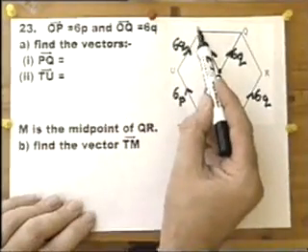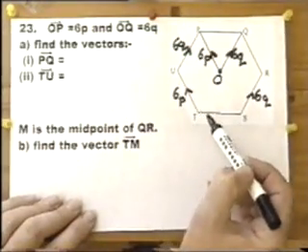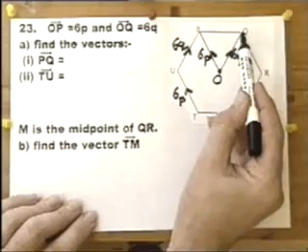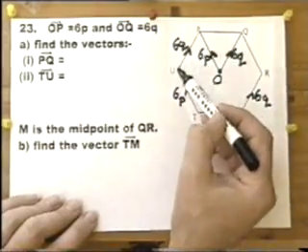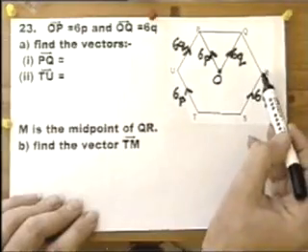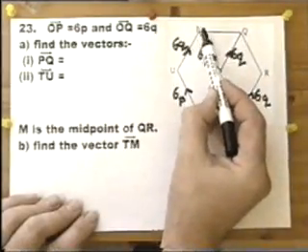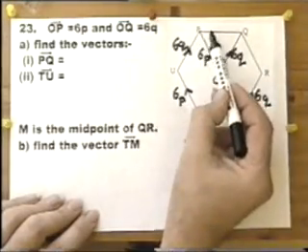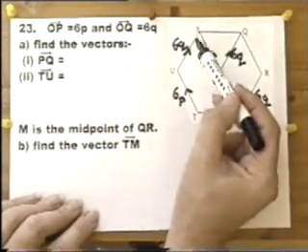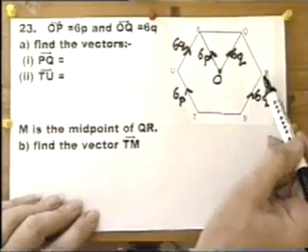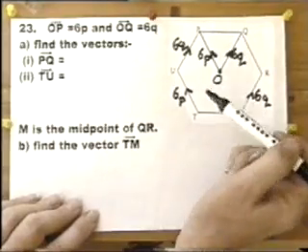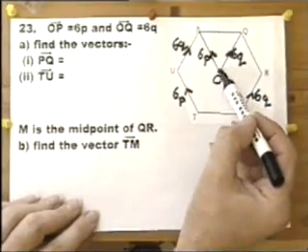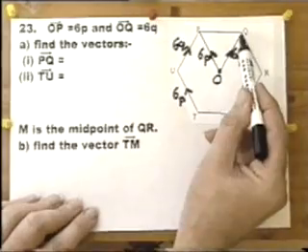You could start at P and go this way and end at Q. As far as vectors are concerned, going on this journey is the same as going from P straight to Q. As a vector equation, P to Q is the same as adding together a journey ending at Q. I don't want to go all the way around, but if we go down here and then go up there, that gives us our answer.